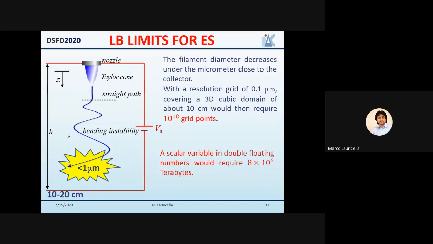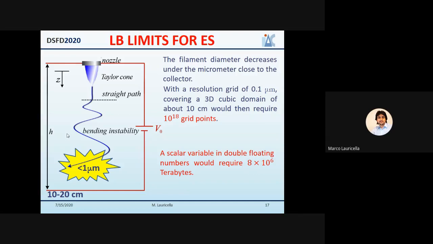Despite these important findings, we have to recognize that the lattice-Boltzmann is probably not the most suitable method to model the jet far from the nozzle and close to the collector, at least in its standard form.